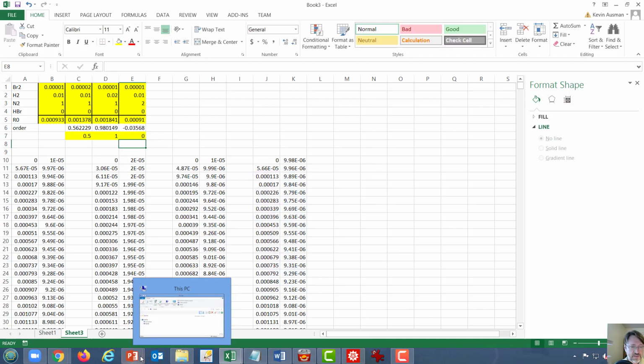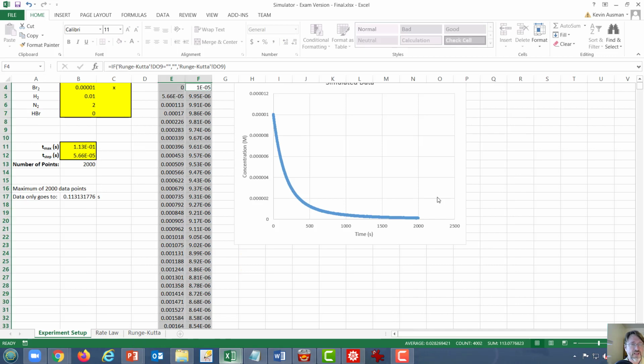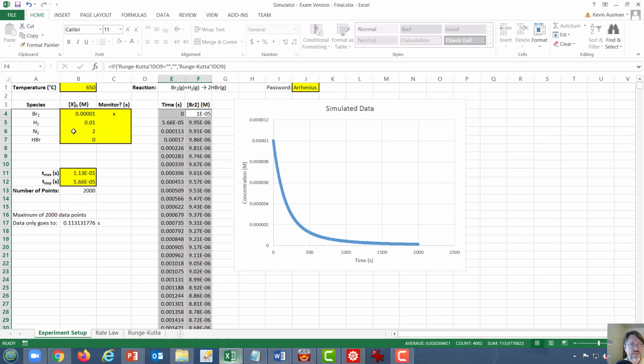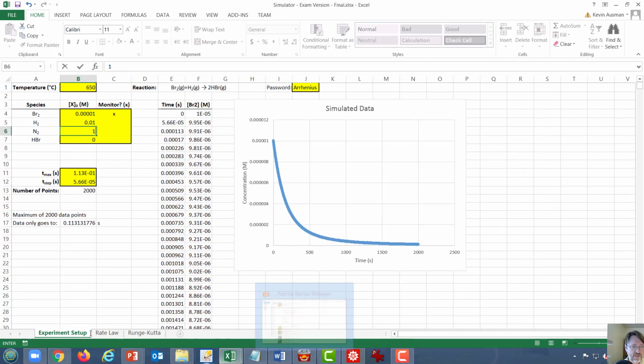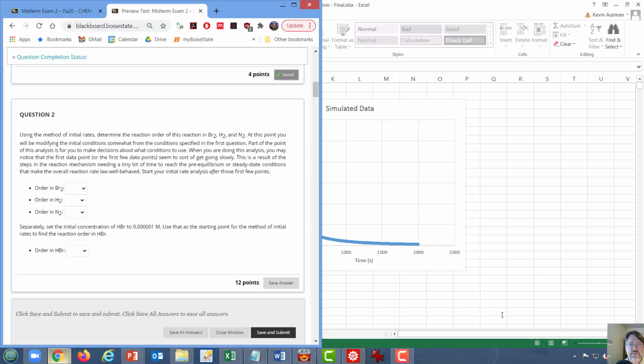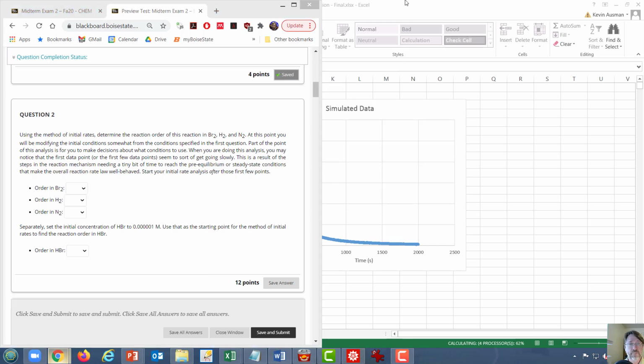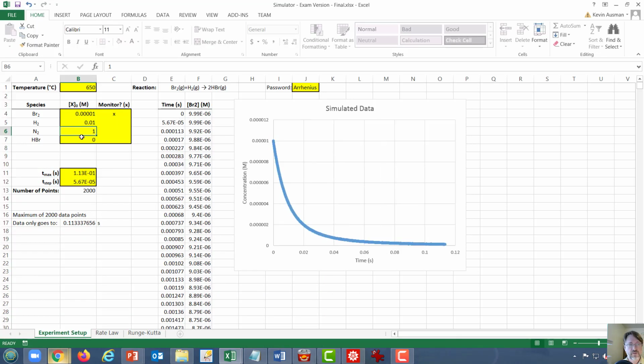Okay, one more to do. We need to do the HBr. So I'm going to put that back here. And the question tells us to set an initial concentration of HBr to 0.00001. That.